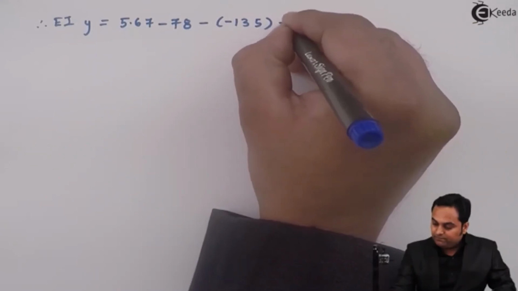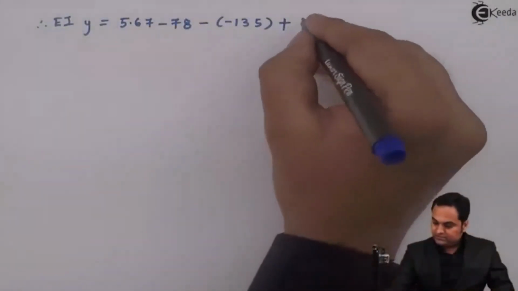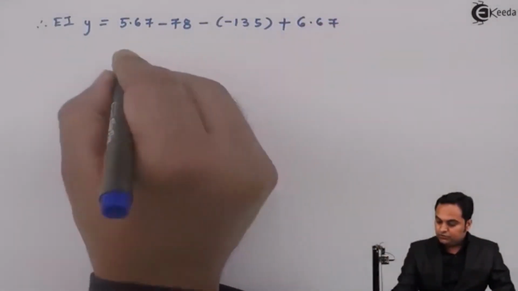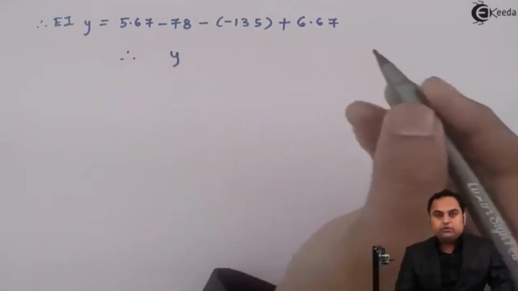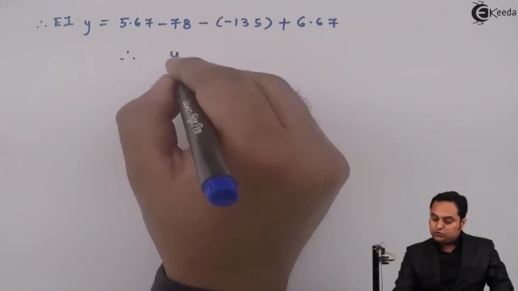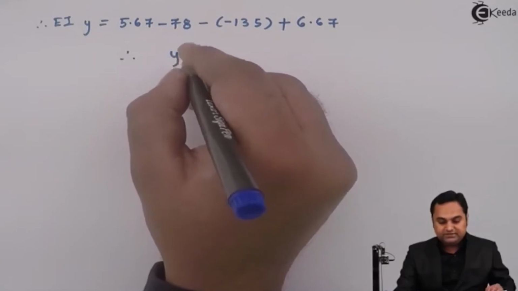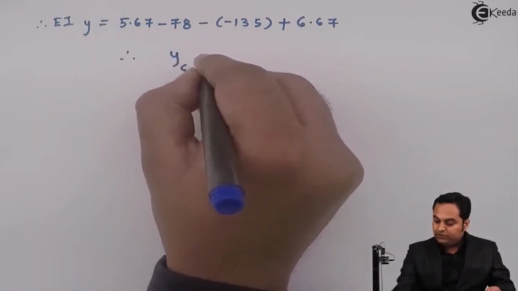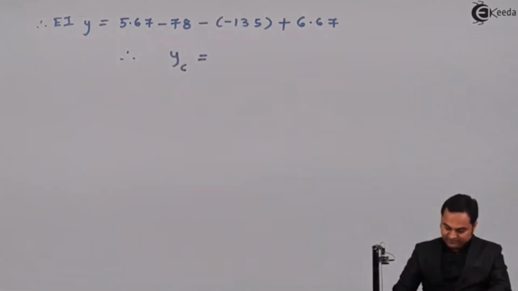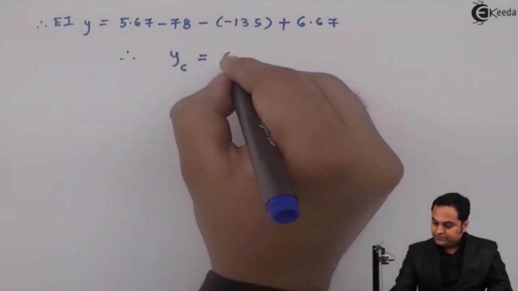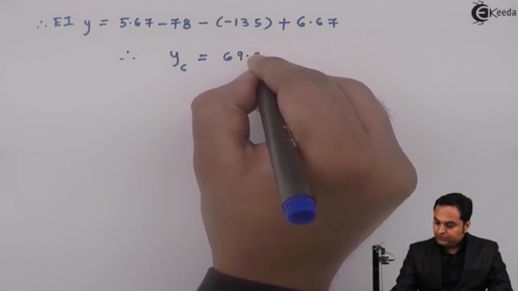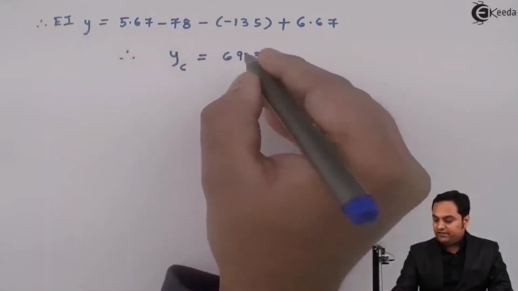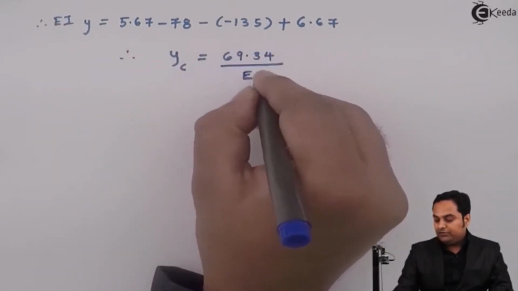Then we have plus the last term is 6.67. So on adding them, we are going to get y, and this y is at point C. So yc will be equal to, if I go on simplifying this, 69.34, and I'll put the EI term in the denominator here.